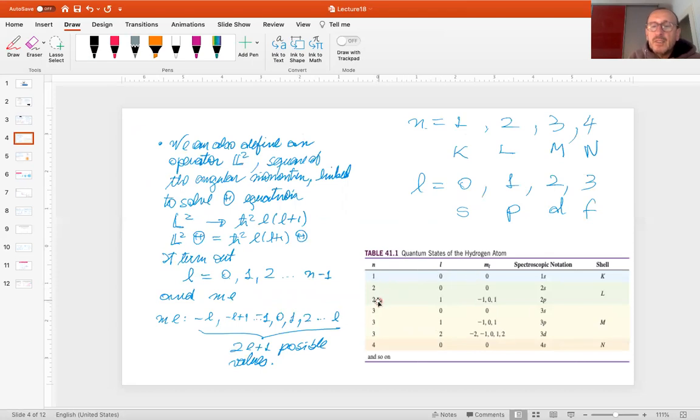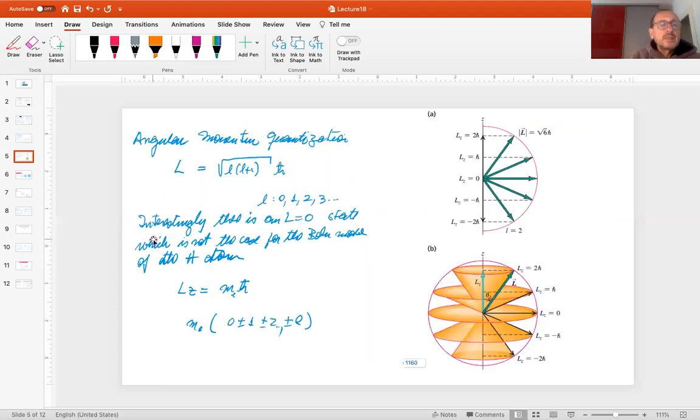That's the ground state. The 2s state is the level with n equal to 2 and zero angular momentum. So it's 2 and s. So it's exactly this state over here. So this is the 1s and the 2s, and I'm comparing them. These are the closest states in the hydrogen atom.